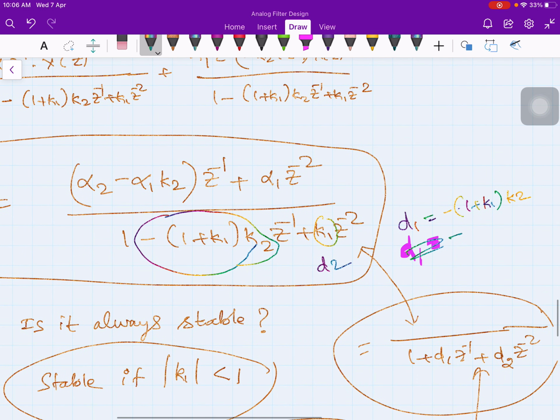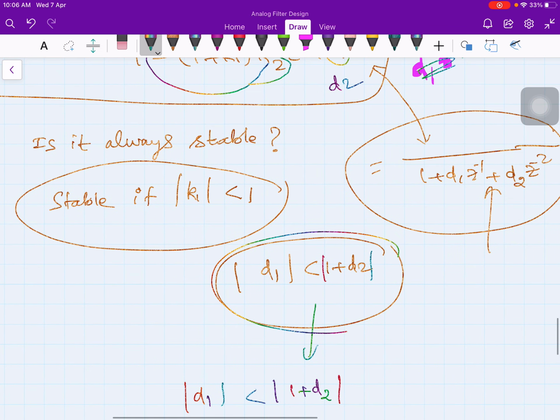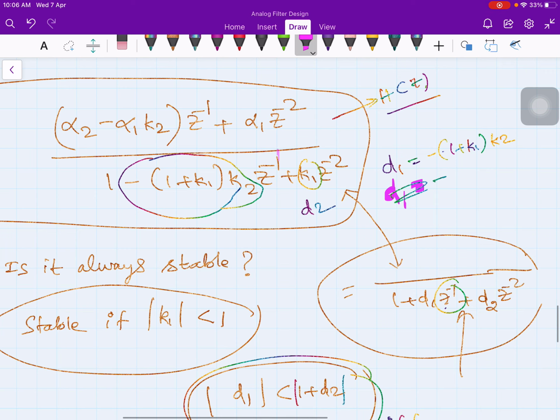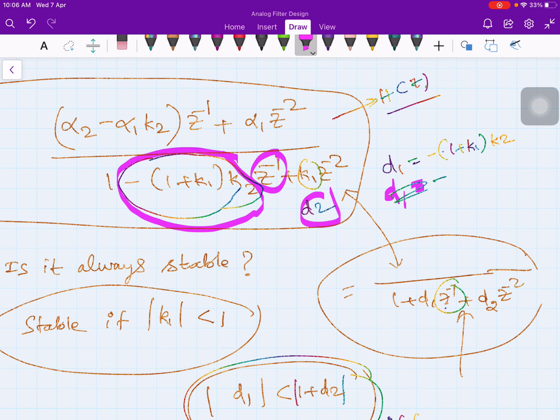So this is the derived transfer function. This transfer function is stable if and only if this condition is satisfied. What is d1? d1 is the coefficient of z inverse in the denominator. What is the coefficient? The coefficient is minus of 1 plus k1 times k2. What is d2? The d2 is the coefficient of z to the minus 2. So what is the coefficient here? k1.